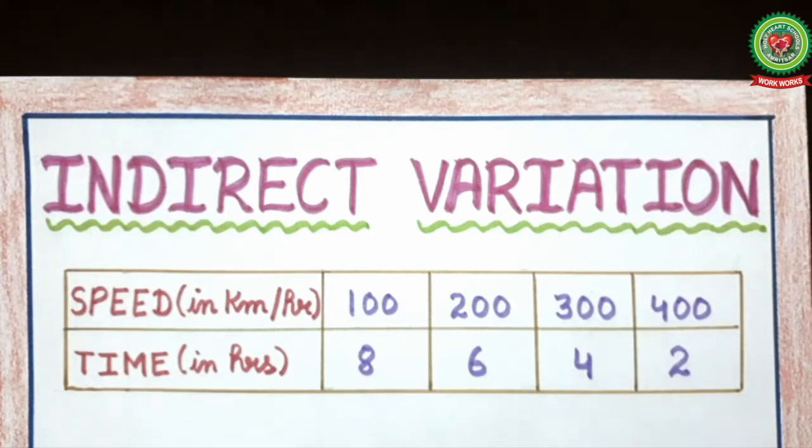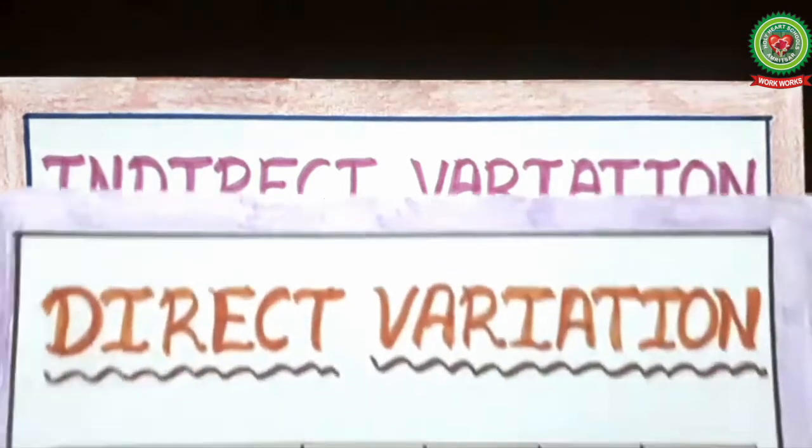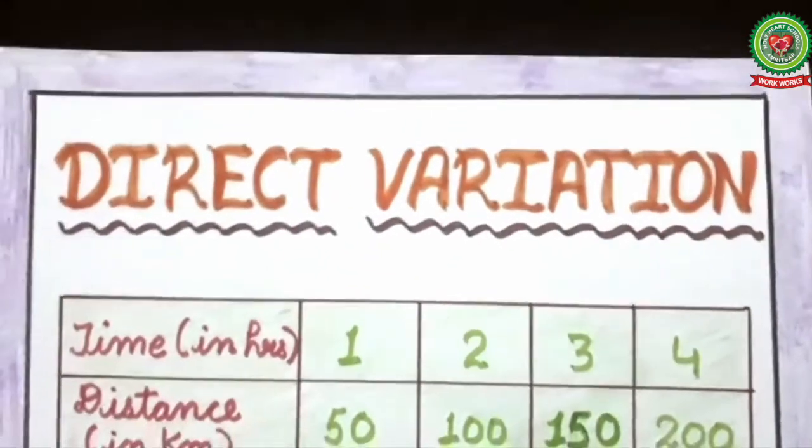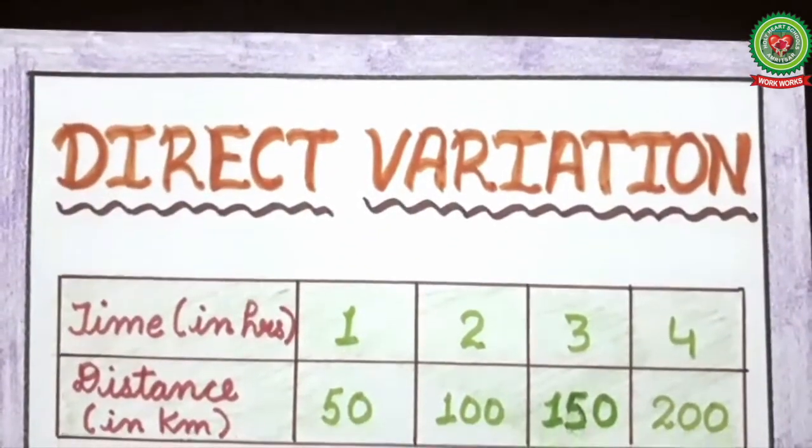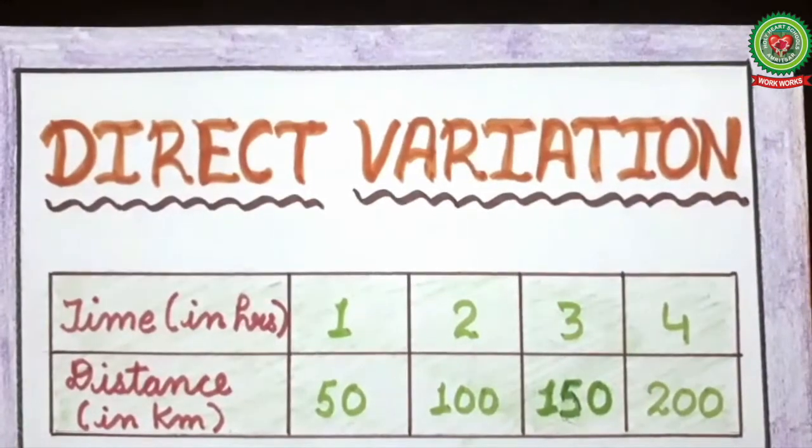But before starting with it, let's recall direct variation, which we have already done in our previous video. In the previous video, we have done that if one quantity increases, other also increases. This type of variation is called as direct variation.